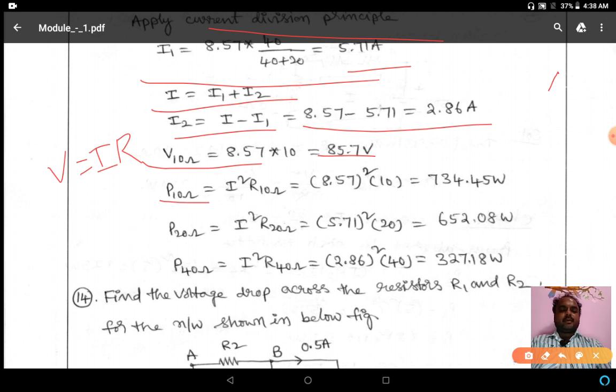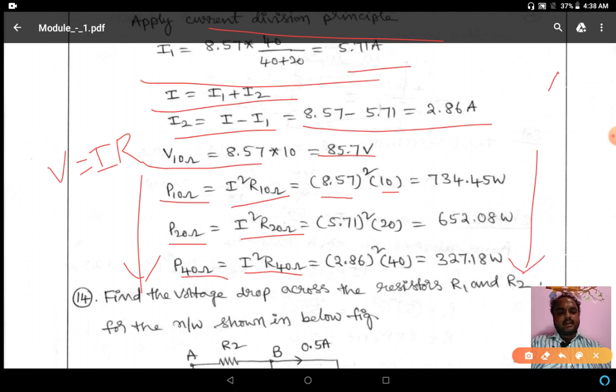Coming to the power in each resistor: for the 10 ohm resistor it is I square into R, for the 20 ohm resistance it is I square into R, and for the 40 ohm resistance it is I square into R. So you substitute the I and R values in all the relations, and you will get the power in each resistor.